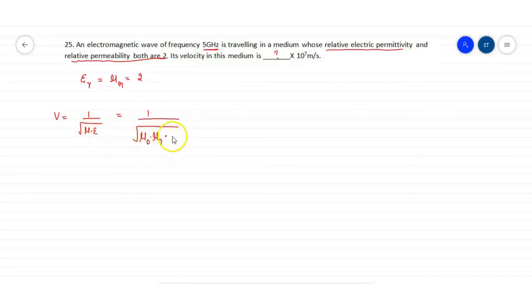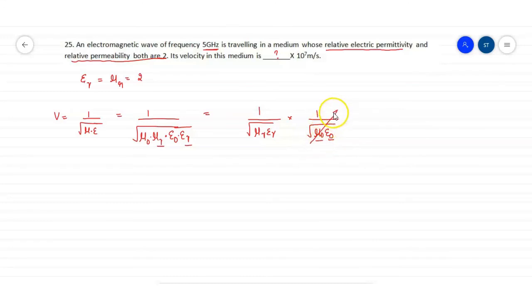Similarly, epsilon can be written as epsilon naught into epsilon r. So here I am separating this.